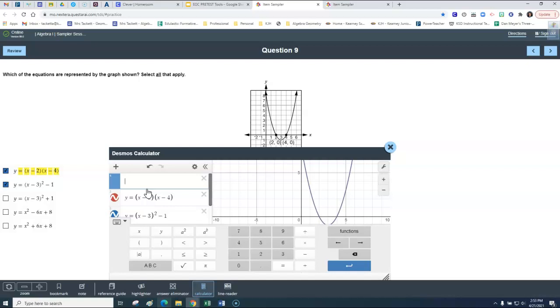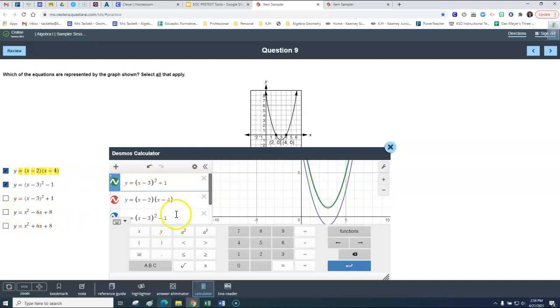So it's y equals, sorry about that, y equals parenthesis x minus 3 parenthesis squared, and then minus, nope, that one's plus 1. So that one, totally different area. Totally different. Not it. So you're not going to put anything there.